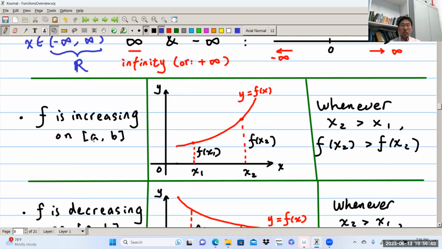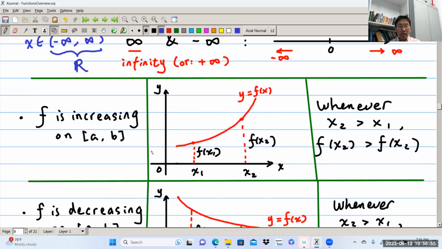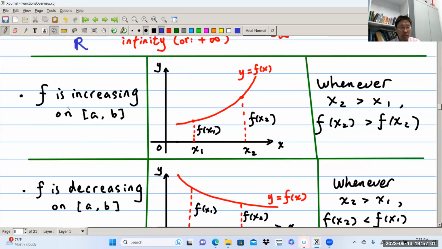Now we can discuss the increasing and decreasing behavior of a function. We say a function f is increasing on this interval from a to b. We mean that the graph of this function rises from a to b, from left to right.